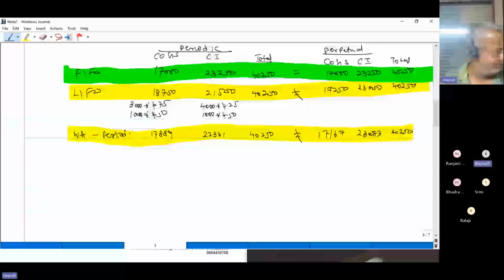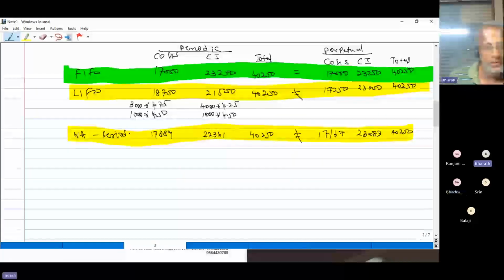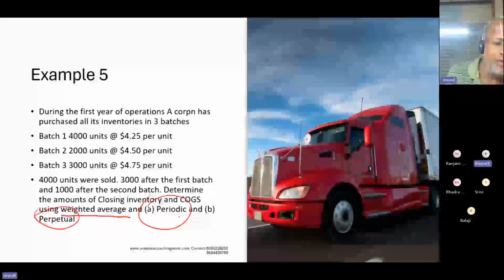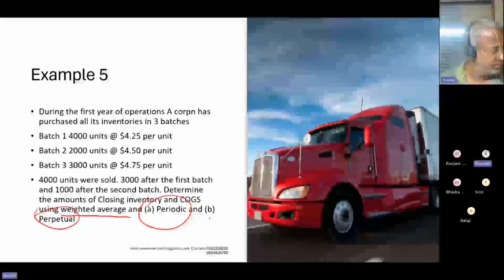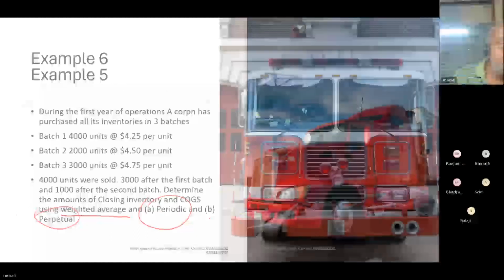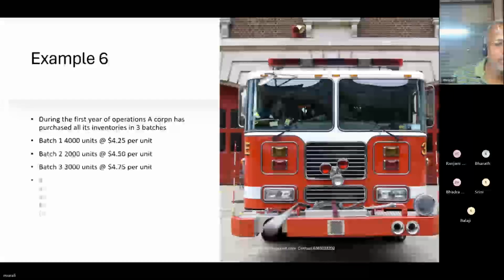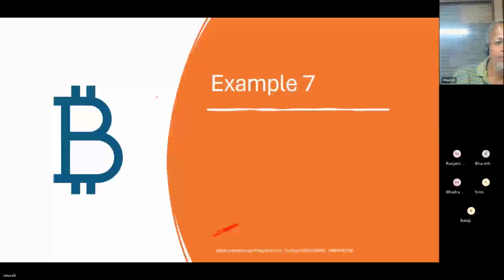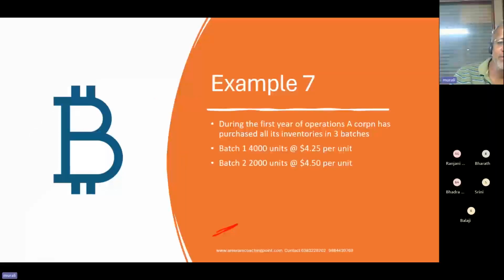Are you following? Clear. Yes, sir. So that is the difference in weighted average for periodic and perpetual. That moving average I've already done. This LIFO also we did.